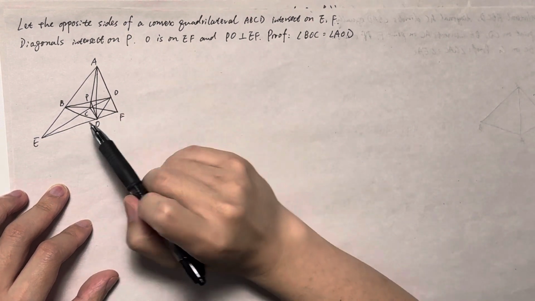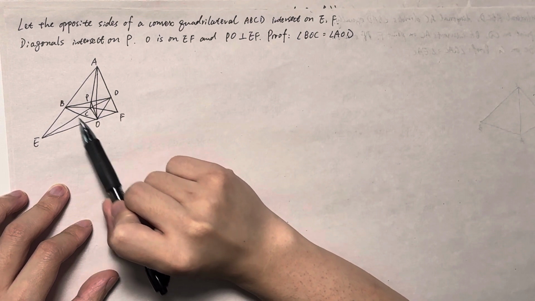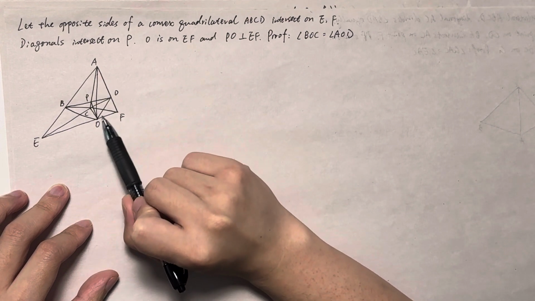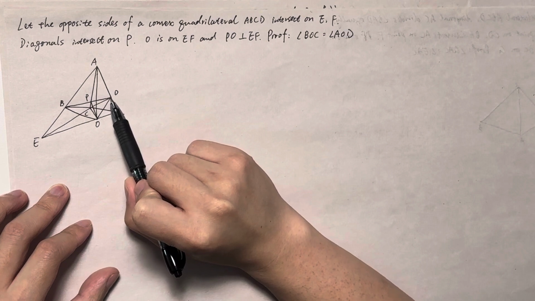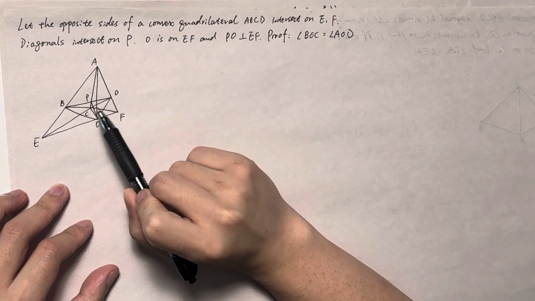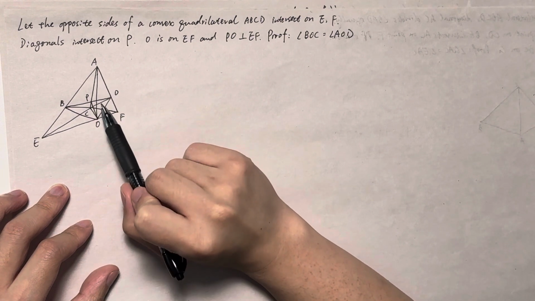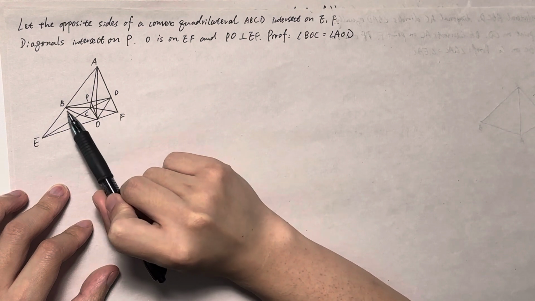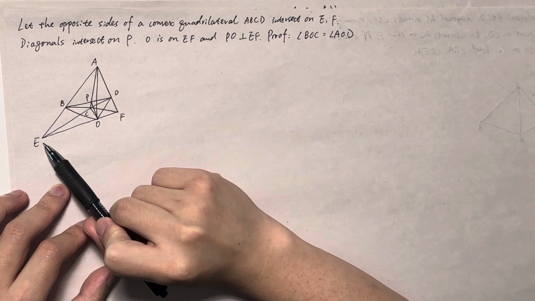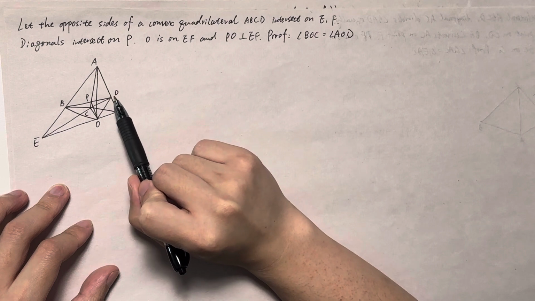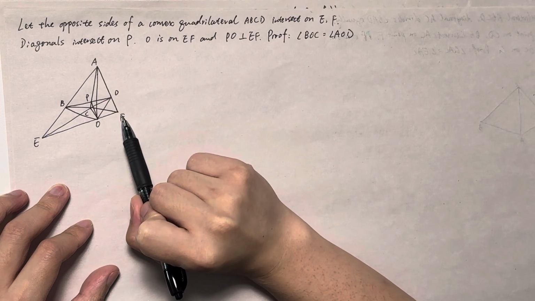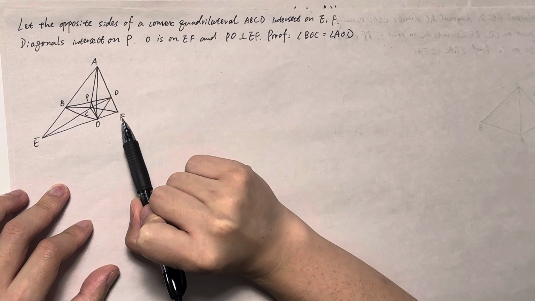So we can guess that we want to prove that angle BOC equals angle AOD, maybe not only that, but also angle BOE equals angle DOF. We don't know. So how can we prove this?